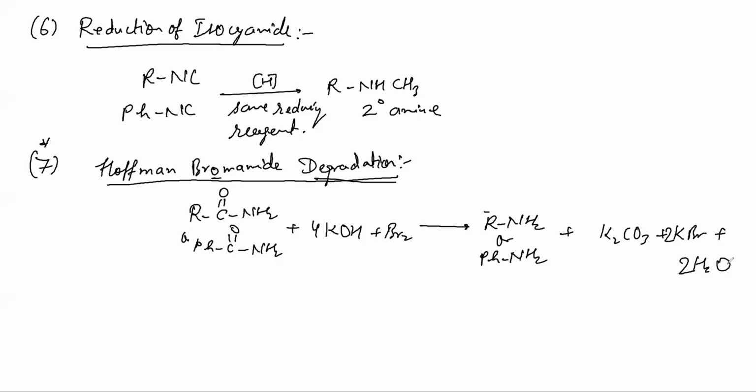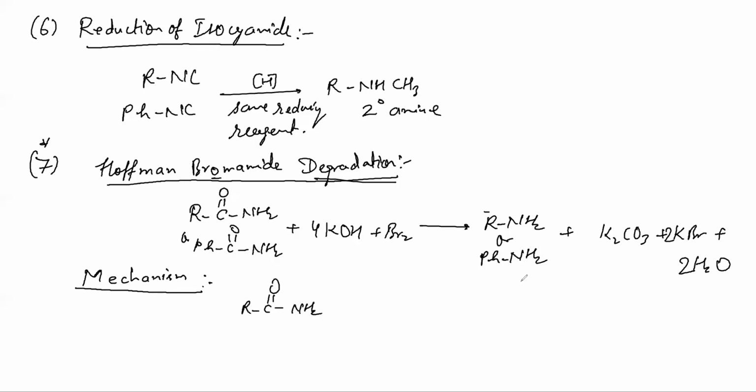Now let's understand the mechanism. Mechanism is not in our syllabus, but it will help you understand some other reactions as well. As I said earlier, you are having an amide. Why are we calling it degradation?